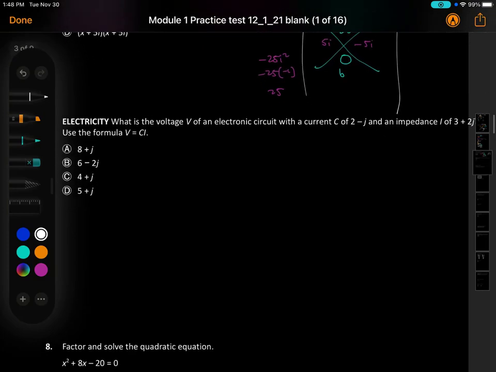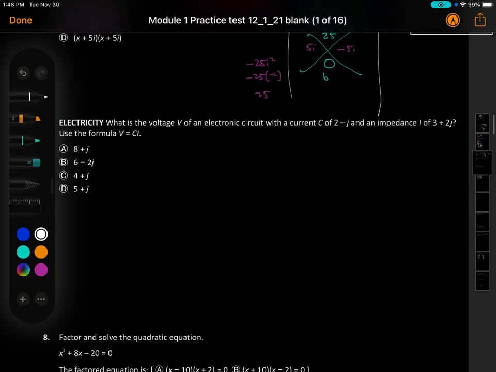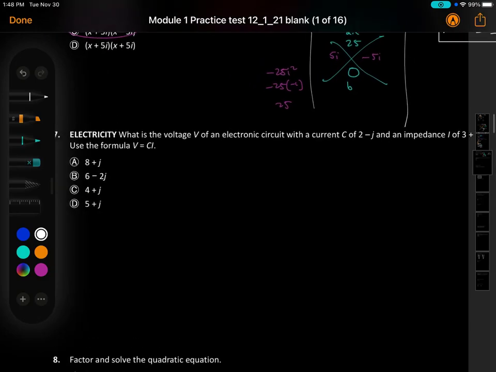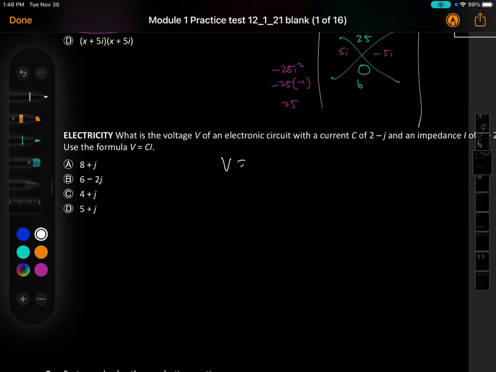Number 7, what is the voltage of an electronic circuit with a current C, which is 2 minus j, and an impedance of 3 plus 2j? Use the formula V equals CI.